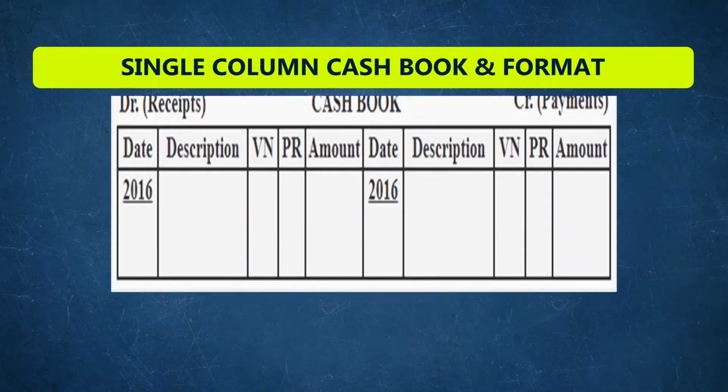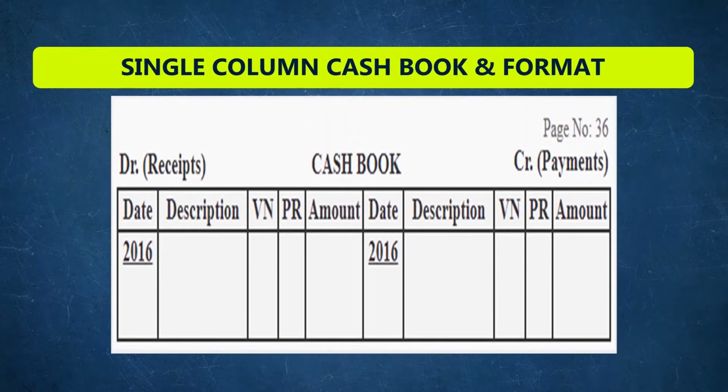We will study how the transactions are recorded in single column cash book, in double column cash book and in triple column cash book. This is the format of single column cash book. Here we have two sides.